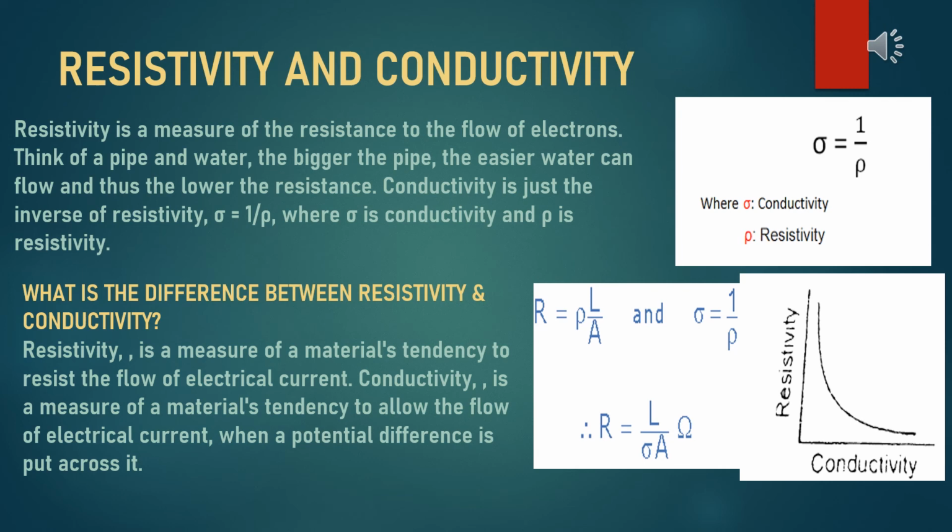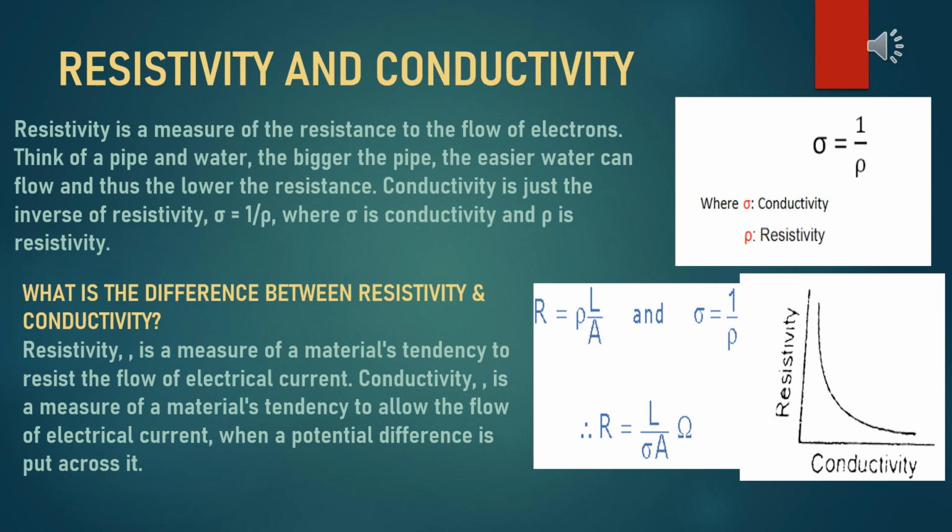Hope you remember class 8. R is equal to rho into L by A. L is the length of the conductor. A is the area of cross section of the conductor. And sigma is equal to 1 by rho. So, instead of rho, we can put the value 1 by sigma, rho is equal to 1 by sigma.